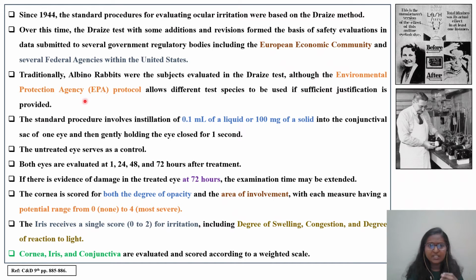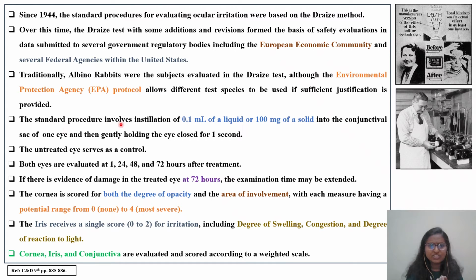Although the EPA, Environmental Protection Agency protocol allows different test species to be used if sufficient justification is provided. So even if you look into OECD guidelines, whatever the number, they recommend one species in the guideline, but they also say that you can go for other species, but you have to give additional rationale or justification why you are not using certain species and why you are using this particular species.